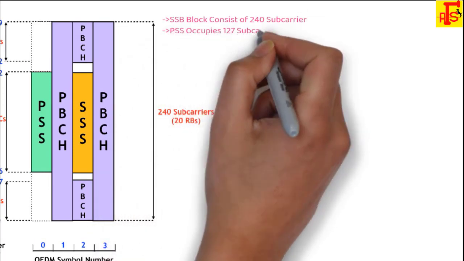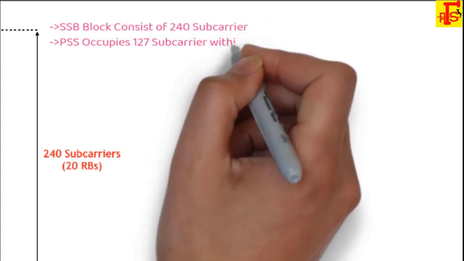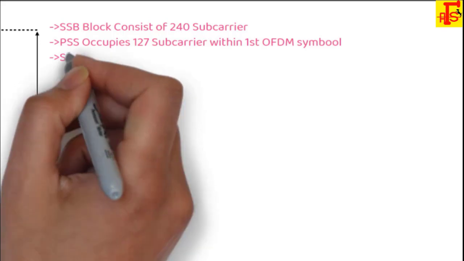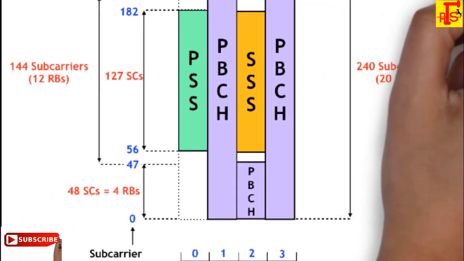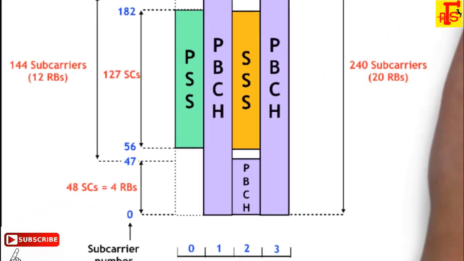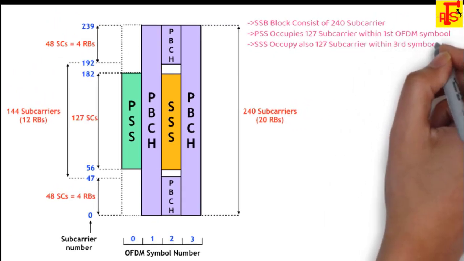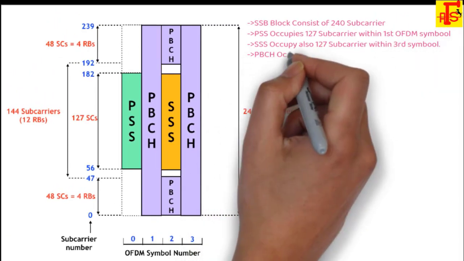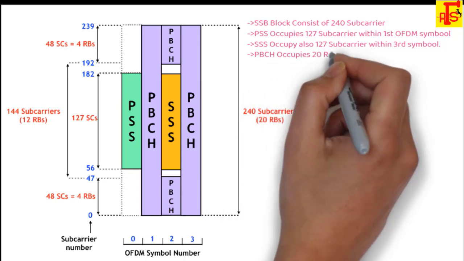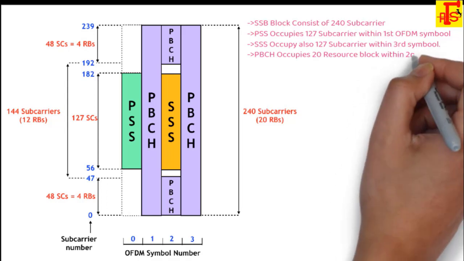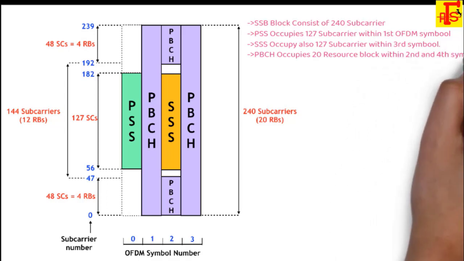So you can say here PSS occupies 127 carriers within the first OFDM symbol, while SSS, secondary synchronization signal, also occupies 127 carriers within the third OFDM symbol. So PSS occupies the first symbol and secondary synchronization signal occupies the third symbol.